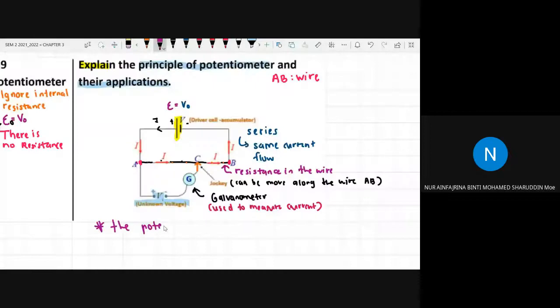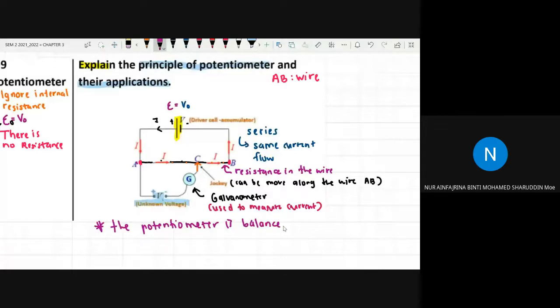Okay, so lepas itu misal, when the potentiometer is balanced. Okay, dalam exam dia akan sebut perkataan ni.